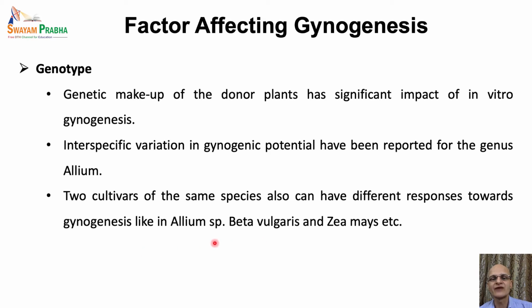For example, variations in the gynogenic potential of various genotypes or accessions of onion, sugar beet, and maize have been observed and reported in the literature.